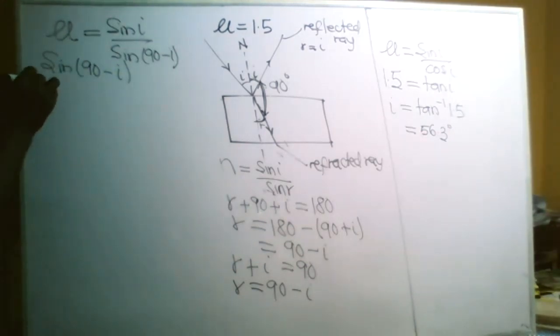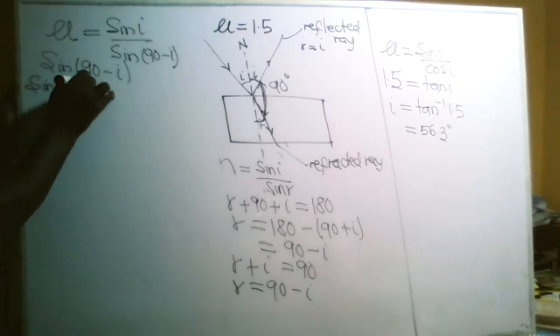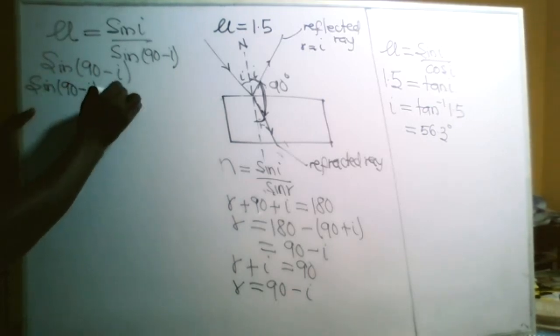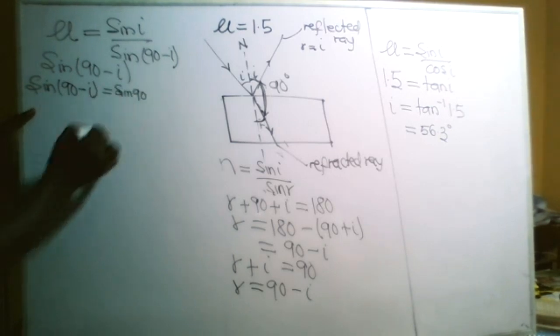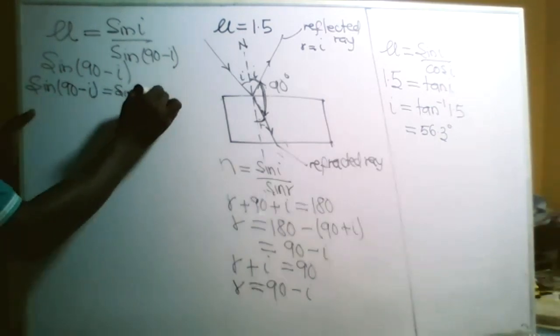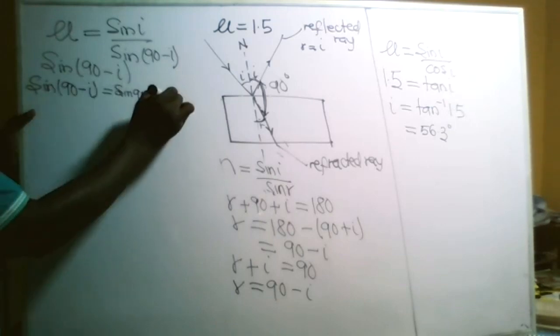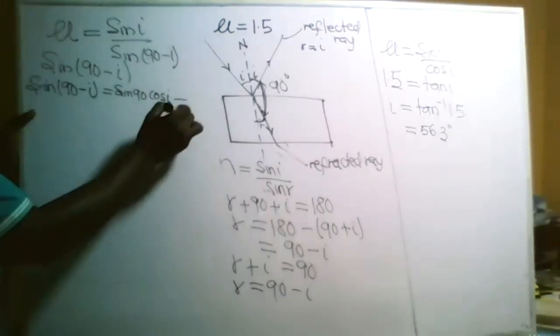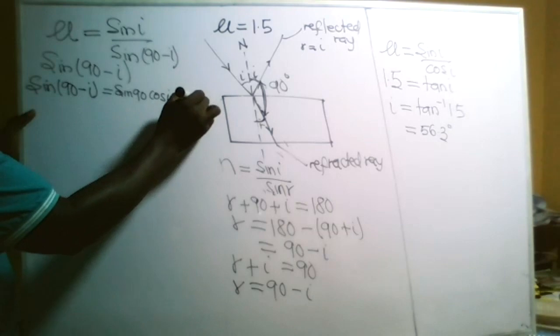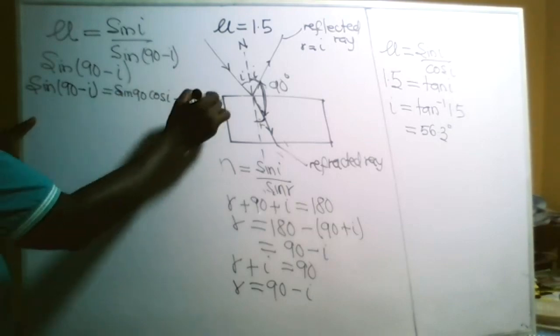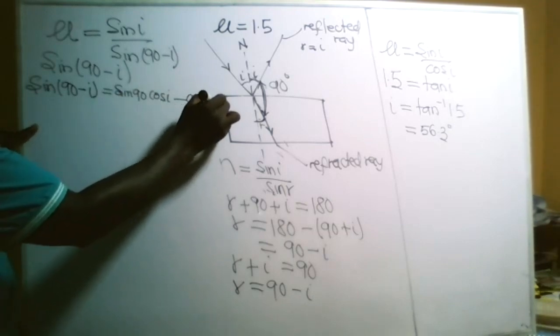So if you have a compound angle, this is sine of 90 times the cos of the other angle, I, minus cos of 90 times the sine of the other angle, I.